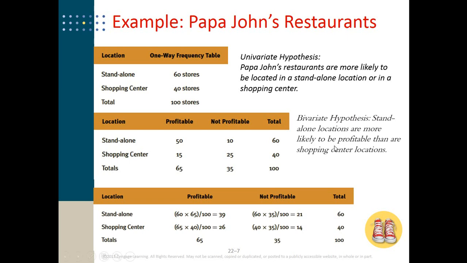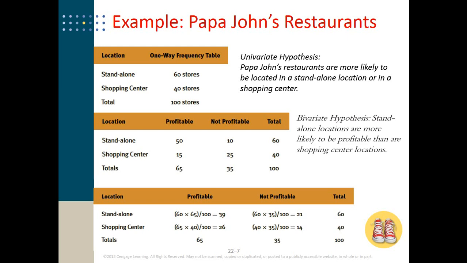But what is the measurement scale of the variables? In location, we had just two alternatives, the standalone location and shopping center. So that's a nominal variable. And in profitability, we again have just two alternatives, profitable and not profitable. So it's also a nominal variable. Don't be confused by the term profit.